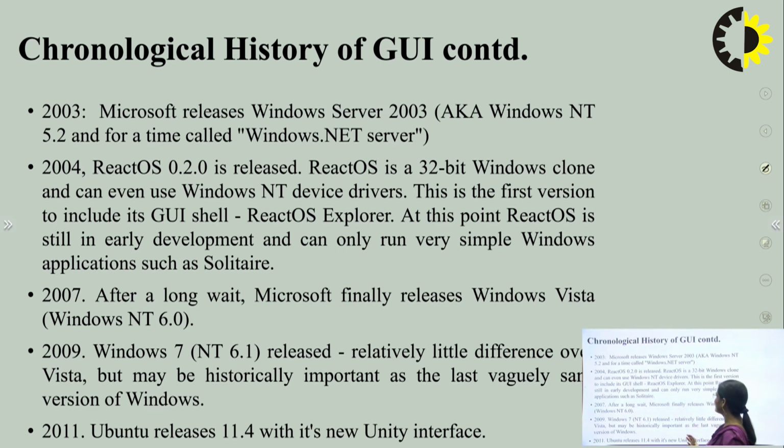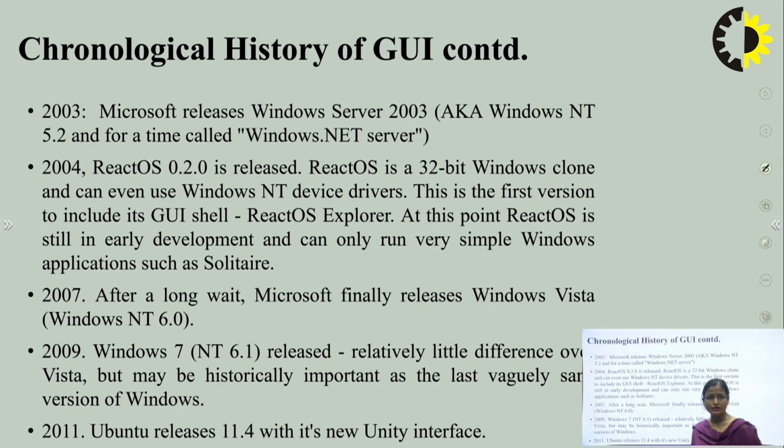ReactOS is basically a 32-bit Windows clone and can even use Windows NT device drivers. This is the first version to include the GUI shell and ReactOS Explorer. At this point, ReactOS is still in early development and can only run very simple Windows applications such as Solitaire.